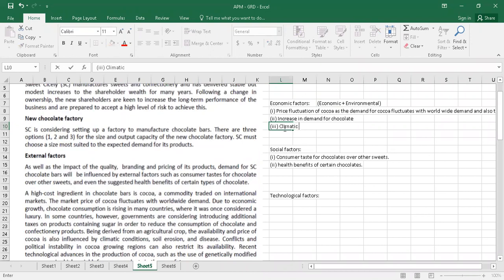Climatic conditions, soil erosion, and diseases. So these things affect the supply of cocoa.